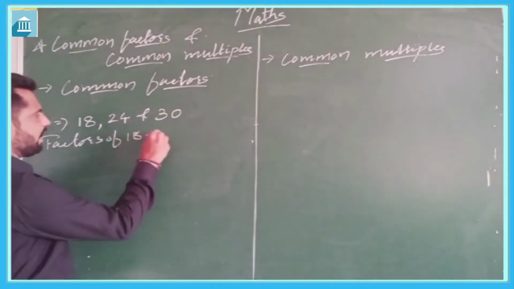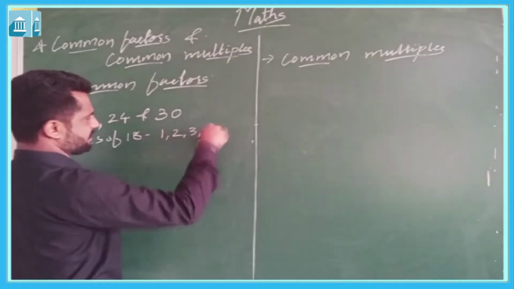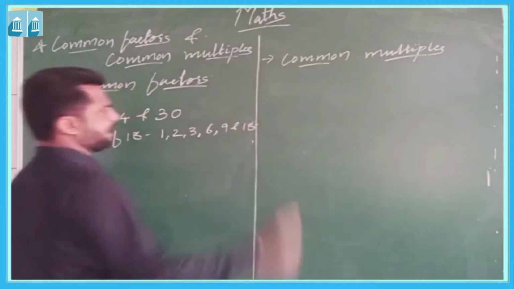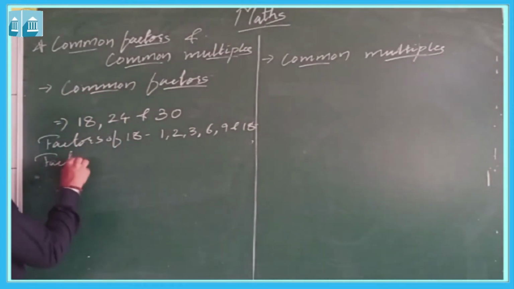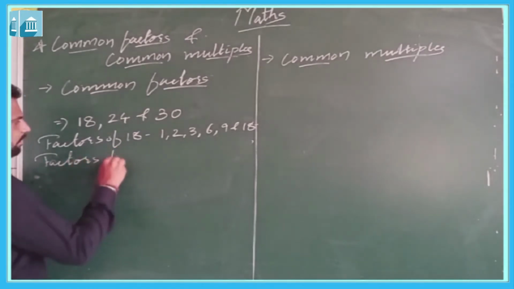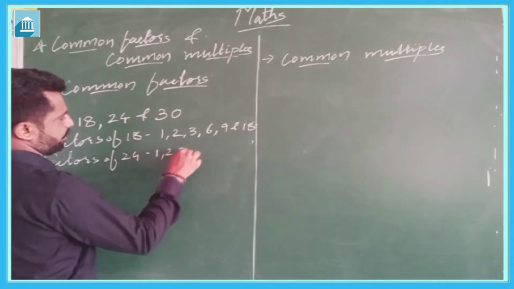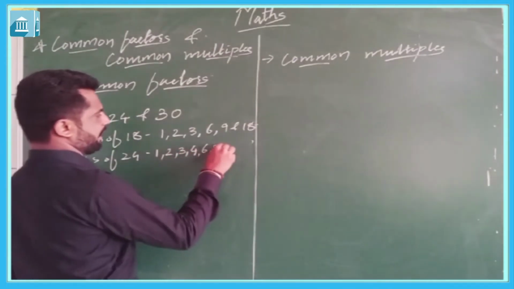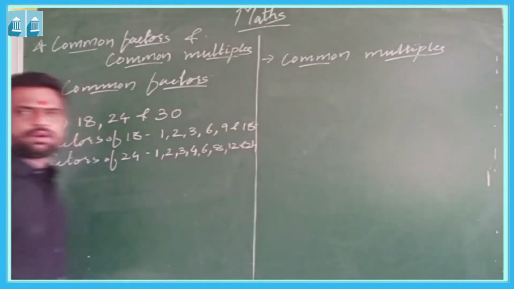Factors of 18 are 1, 2, 3, 6, 9 and 18. Same way factors of 24: 1, 2, 3, 4, 6, 8, 12 and 24.